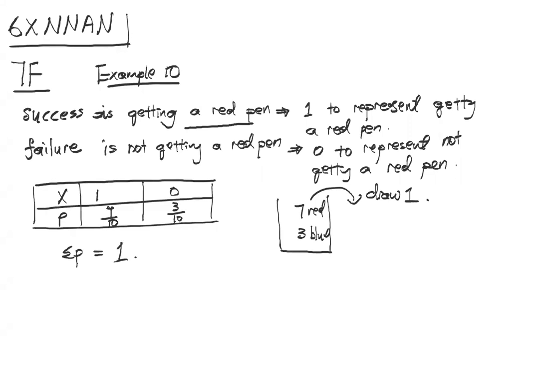So this fulfills the Bernoulli distribution. The Bernoulli distribution must have 2 outcomes, and the outcomes are not numerical. The outcome is either getting something, you use 1 to represent it, or not getting the same thing, using 0 to represent it. Do you get me?